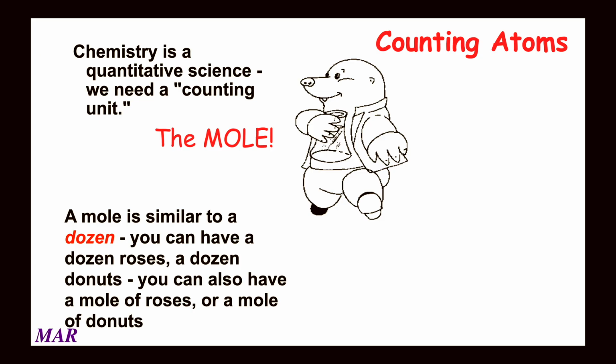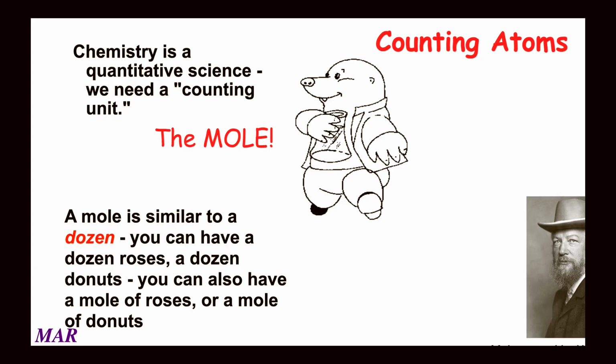The mole is kind of like that, but instead of a number like 12, which is manageable, the number is really, really big. We'll talk about that in a little bit. So you could say to your significant other, I'm going to buy you a mole of roses, but oh man, you'll see how many roses that is. It's a massive, massive number. Kind of cool.